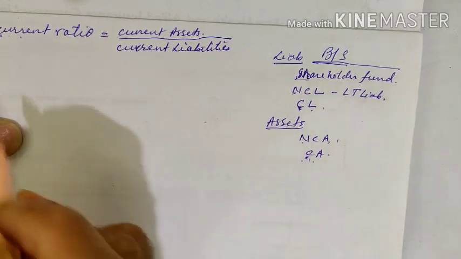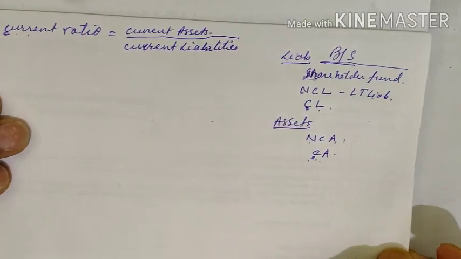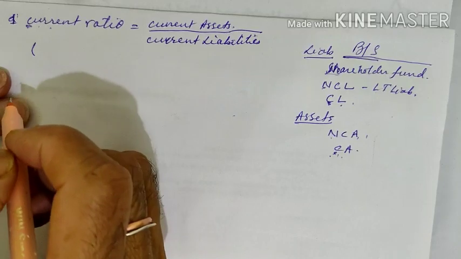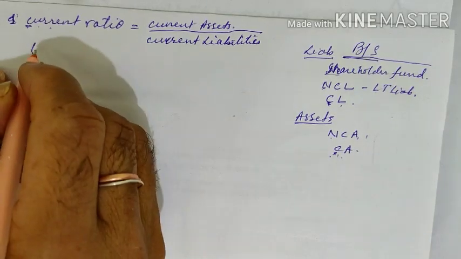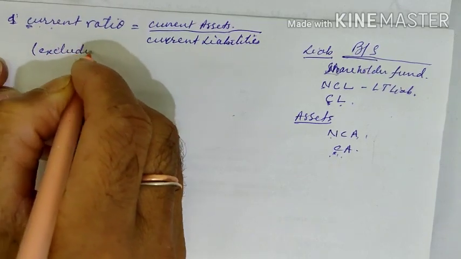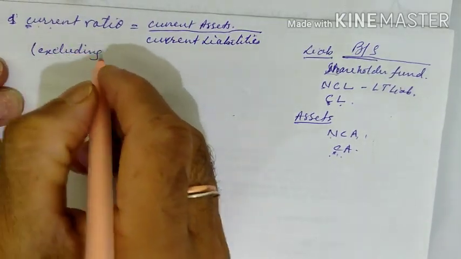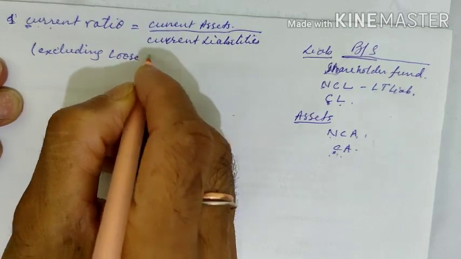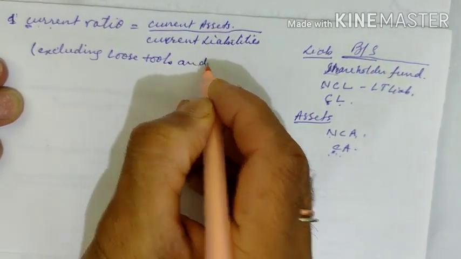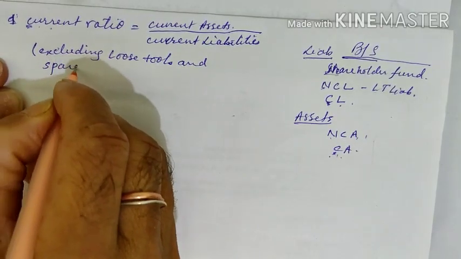But one thing you need to remember here in the current assets: when you are required to take the inventories, your inventories should exclude loose tools and spare parts.